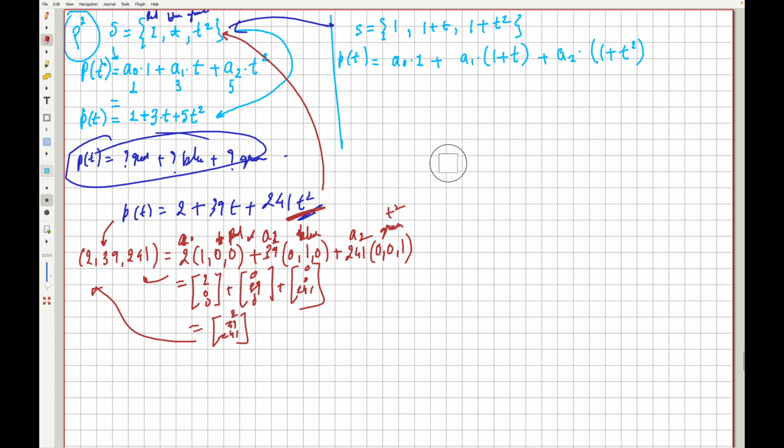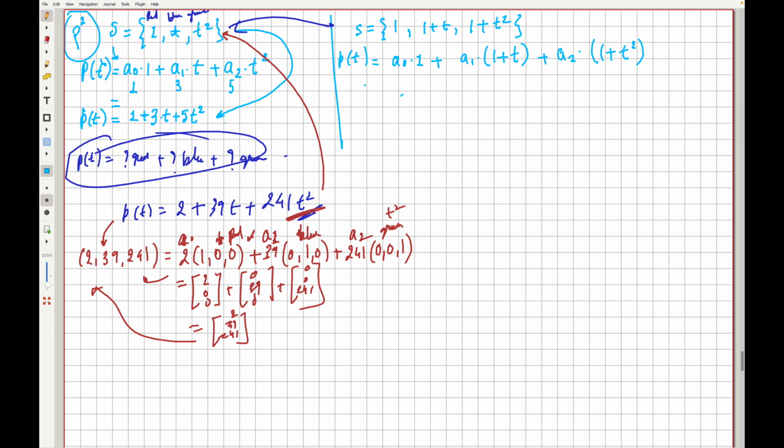Now if we have a tilted set on the right hand side, to calculate the values of the coefficients, which are a0, a1, and a2, we would do that as follows.